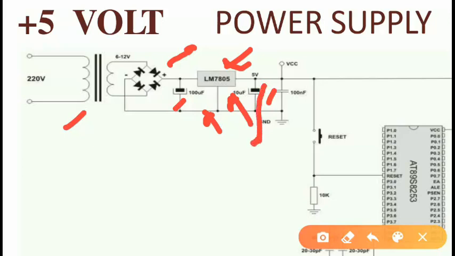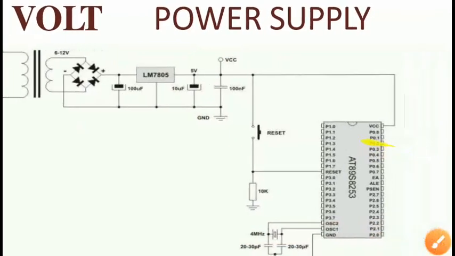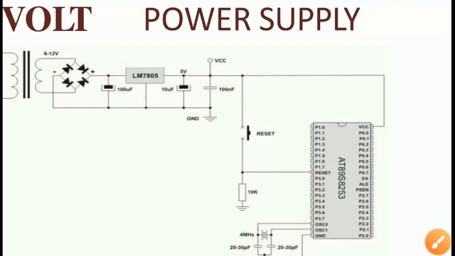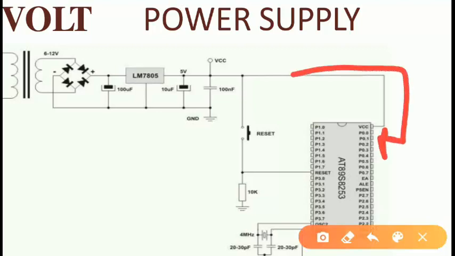Okay, and we have the VCC supply which is connected to the microcontroller. First terminal is connected to the VCC, that is pin number 40 of microcontroller. It is very clear from when we discussed each pin specification in the previous video.